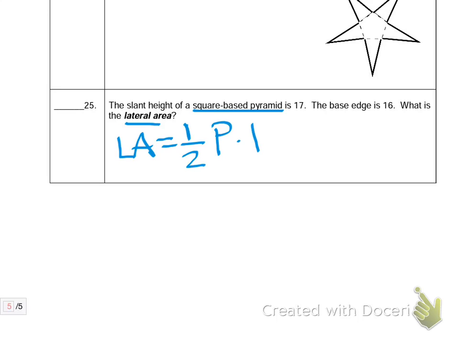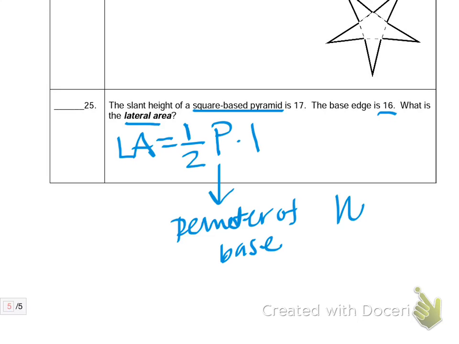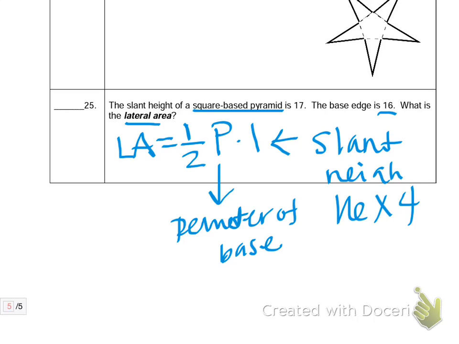So, since it's a square pyramid, the edge is 16, that means all the sides are 16. So, this P is the perimeter of the base. So, if I want to find the perimeter of the base, it's 16 times 4. My slant height is given to me, is 17. And I'm going to plug that in, and that will give me my answer.